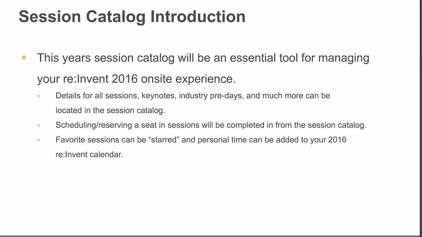This year you'll still have the ability to favorite sessions. So again, you can go in and build a favorite list, and when you find you're interested in certain tracks or certain sessions, you can still build a favorited list by starting them in the session catalog. That won't necessarily reserve your seat for those sessions, but you'll have the ability to build a favorite list just like you were in previous years.